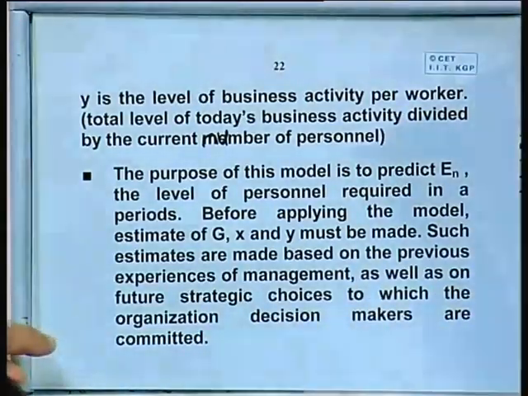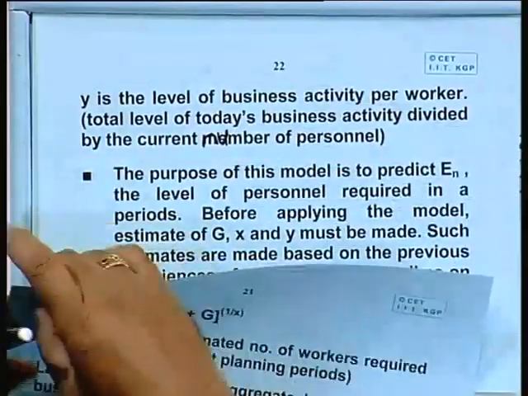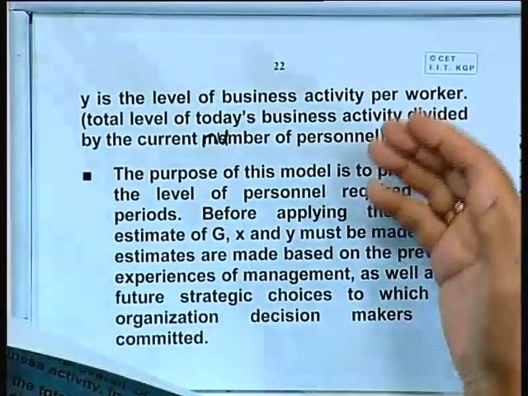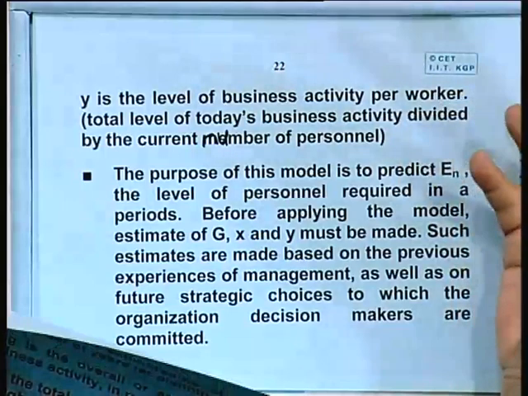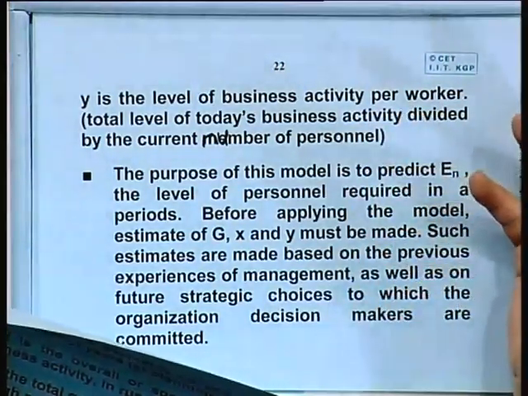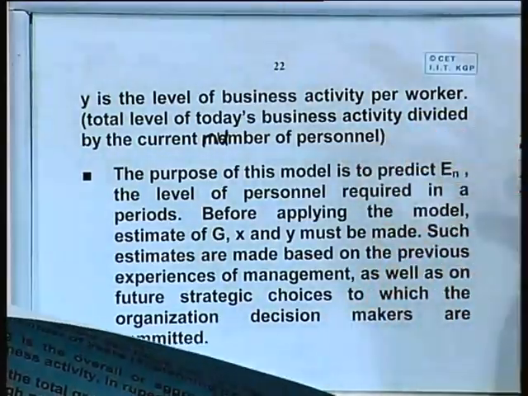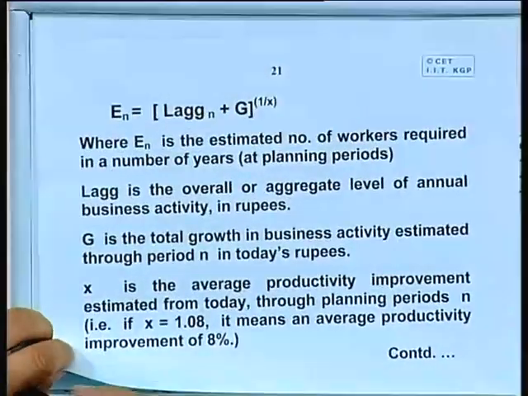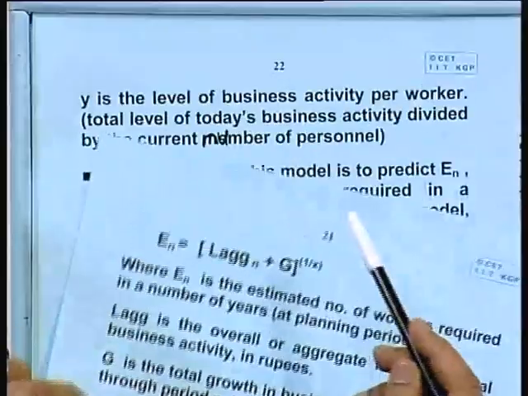Business activity means rupees, for instance. So, total level of today's rupees divided by the current number of personnel. So, again rupees per person. So, that is Y.